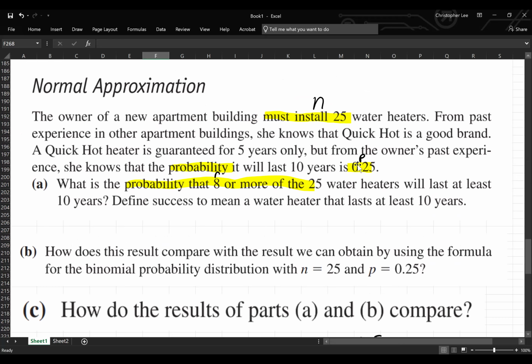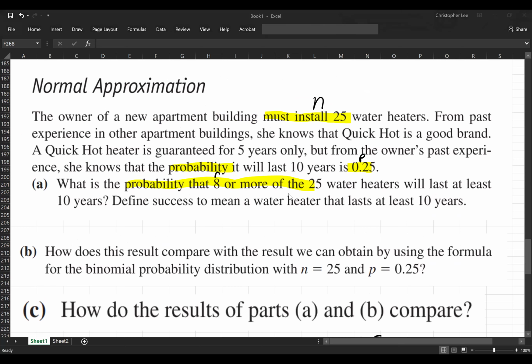When they say 8 or more, they are talking about the probability of 8, 9, 10, 11, 12, all the way up to 25. And remember, we had that, what's it called? Hold on. The binomial distribution. Let me just recap with y'all real quick.